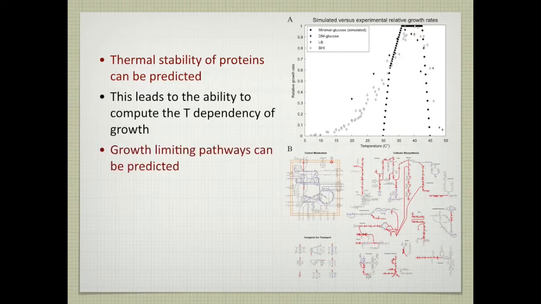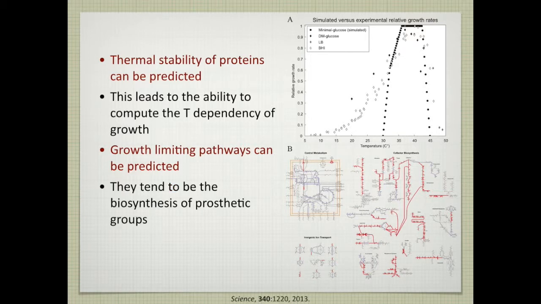And then by looking at that curve, and these are methods we'll get introduced to later, you can estimate which pathways are limiting the growth at each temperature. And the pathway map shown below indicates in red the pathways that are fingered by such an analysis. And interestingly enough, many of them tend to be in the biosynthetic pathways of prosthetic groups, like vitamins.